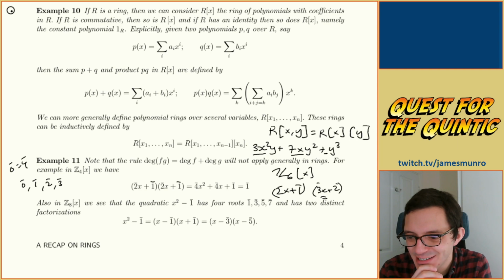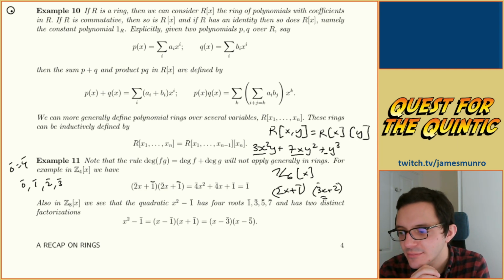And here's a fact about Z8. Quadratic x squared minus 1 bar. It's got 4 roots. There are 4 different things that square to 1 in Z8. 2 distinct factorizations.